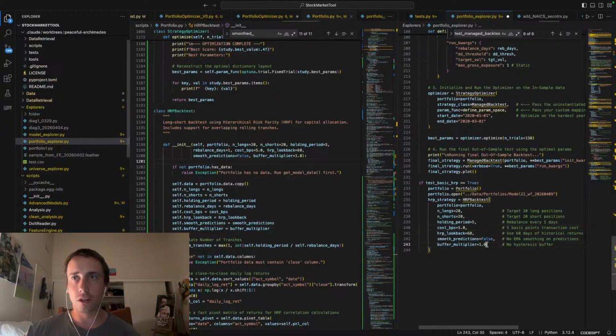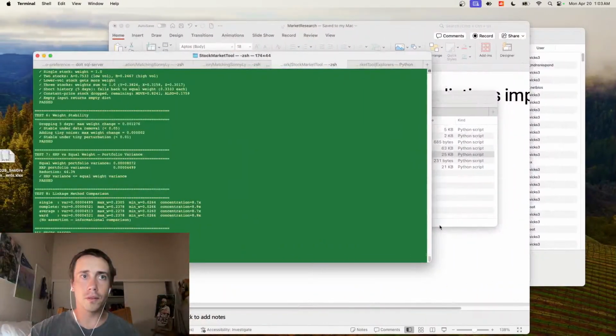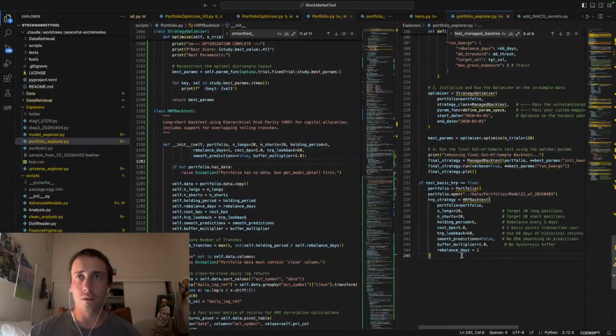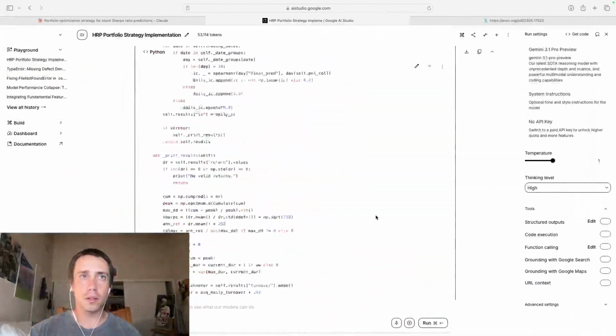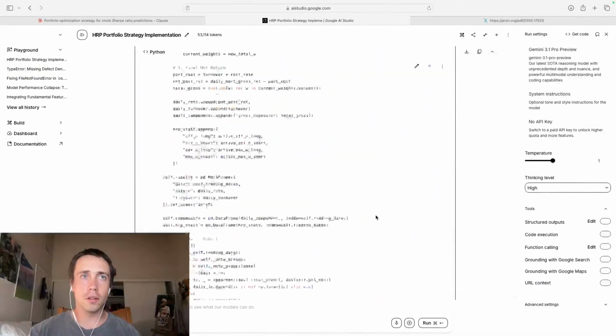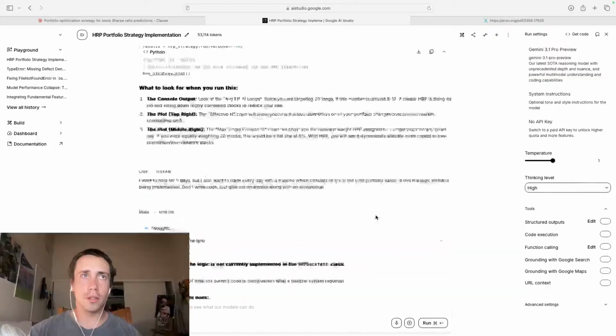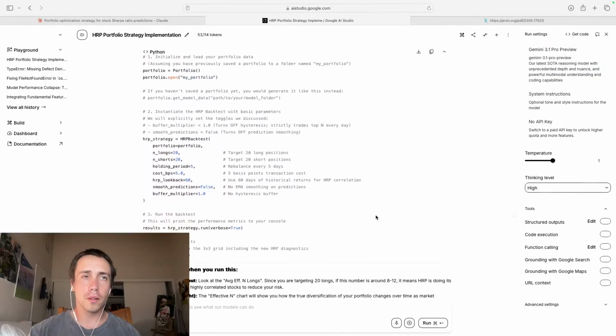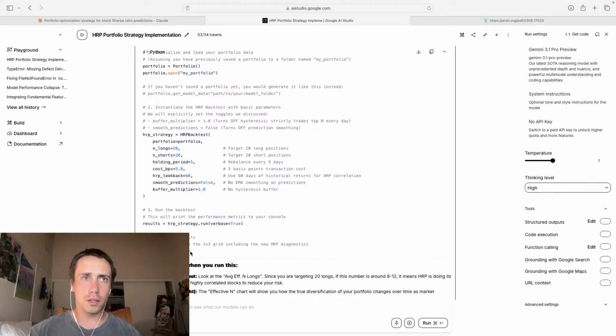So now let's add rebalance days is equal to 1. Okay, and then what's the code for implementing this? Results equals that, then plot.